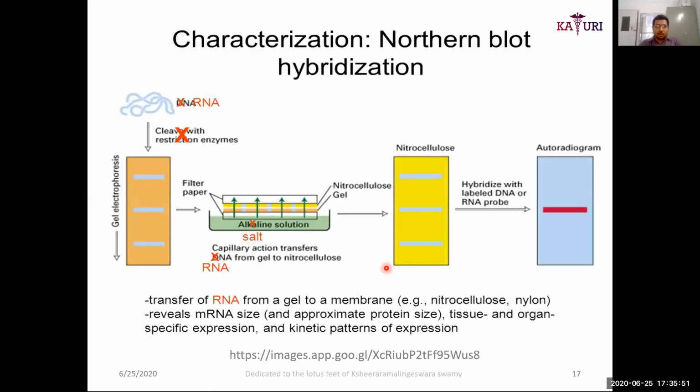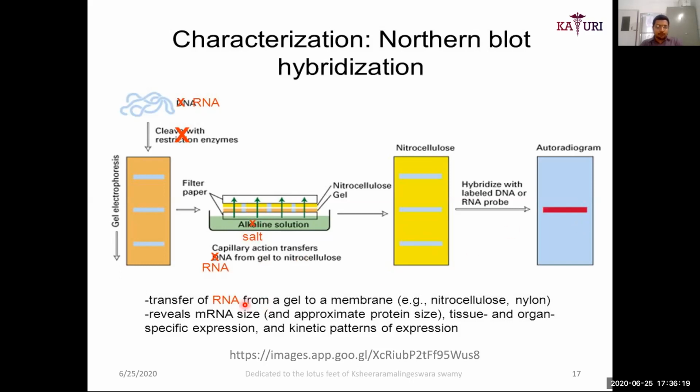Now, in this diagram I just want to show the difference between Southern and Northern blotting techniques. It's RNA, not DNA, and you are not cleaving with restriction endonucleases. In place of the alkaline solution in the trough used for Southern blotting, you are using a salt solution, and RNA is transferred from the gel to nitrocellulose, and that is probed with cDNA or something like that.